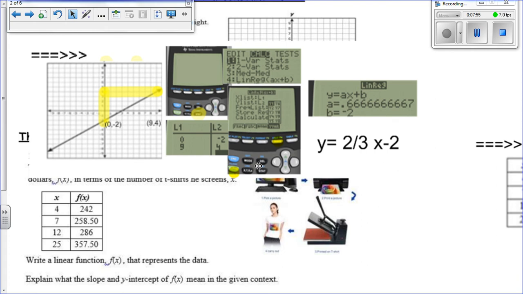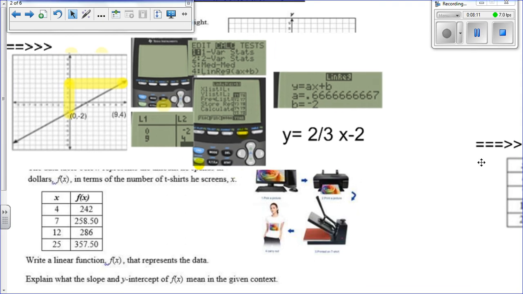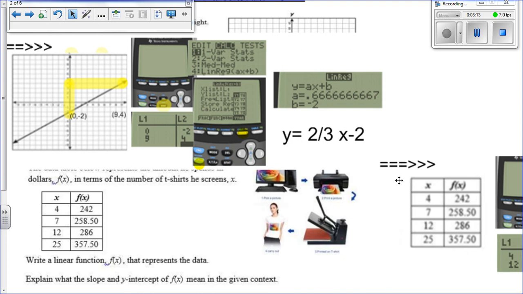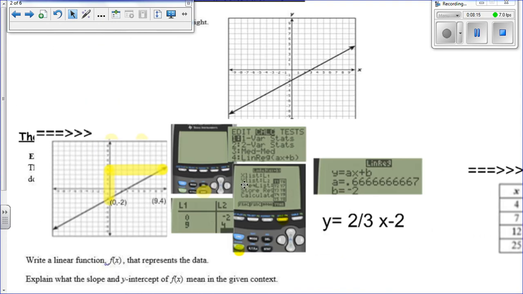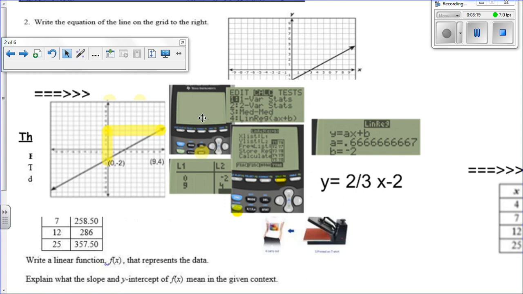From that linear regression, I find my A, or my rate of change, is 2 over 3. My B, which is my y-intercept, is negative 2. I write them in this format right here. And I believe I have successfully answered the question for number 2.